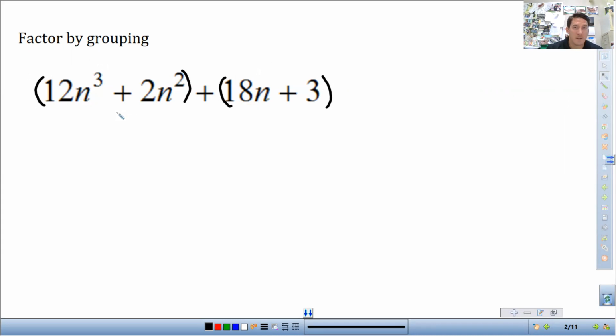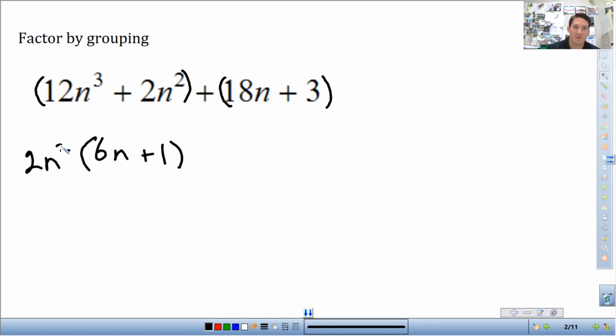From here, you're going to treat each of these as individual factoring problems. You're going to factor out a greatest common factor. The greatest common factor between 12n cubed and 2n squared is 2n squared. When I factor that out, there'll be a 6n plus 1. Remember, the greatest common factor is just reverse distributing.